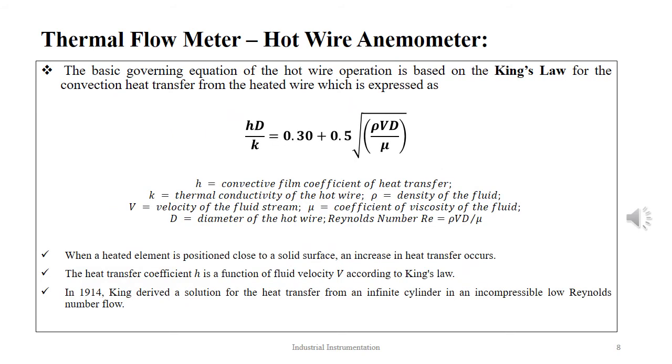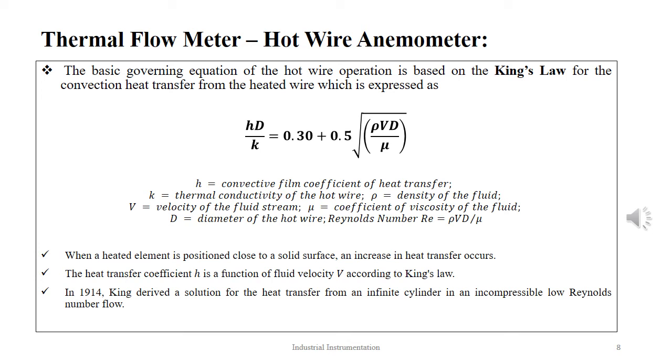The governing equation for the hot wire anemometer is the King's law, which numerically is given as hd by k equal to 0.3 plus 0.5 into under root rho v d by mu. This factor rho v d by mu is nothing but Reynolds number. This heat transfer phenomenon has a problem.